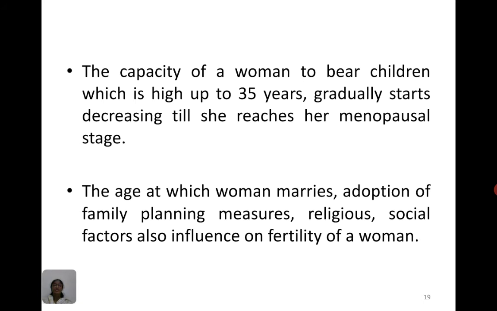The age at which a woman marries, adoption of family planning measures, and religious and social factors also influence the fertility of a woman. That means to say, if a woman marries at a later age, the number of children she may give birth to would be less. And if she adopts family planning measures, that may also definitely influence the fertility rate.